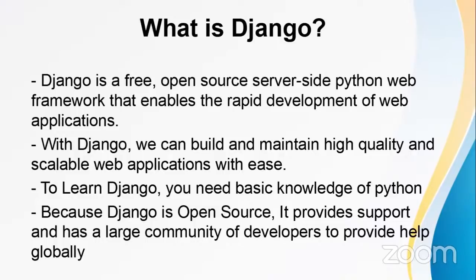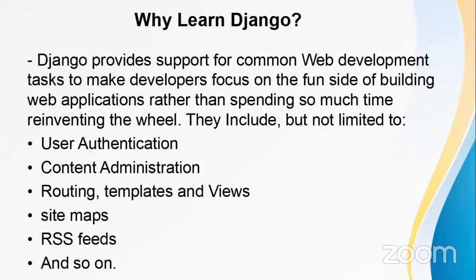Now, I built this slide to mainly talk about two Django concepts, which are the Django ORM and Django's architecture. But before we get to those concepts, we'll talk a bit about Django. Django offers out-of-the-box support for so many features. We have user authentication, we have content administration.